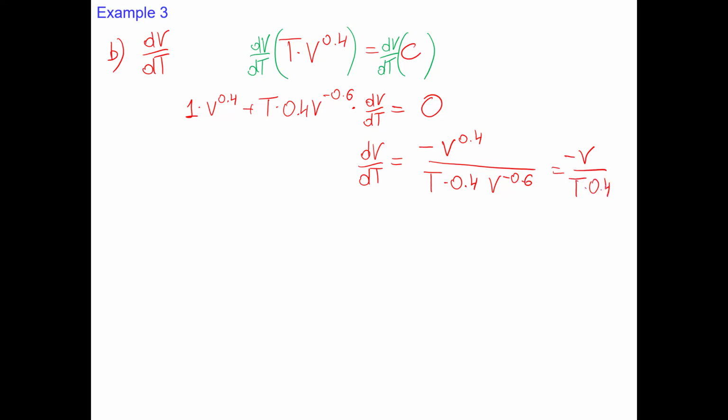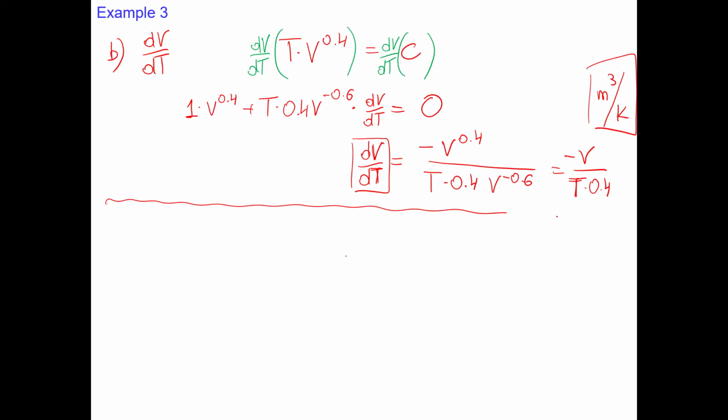Oh, I'm supposed to say 0.4. Okay, and now V, volume, is in meters cubed, temperature is in kelvins. Those are the units. And as I mentioned before, this measures quantitatively the change in the volume of the air parcel as the temperature changes, with respect to the temperature.